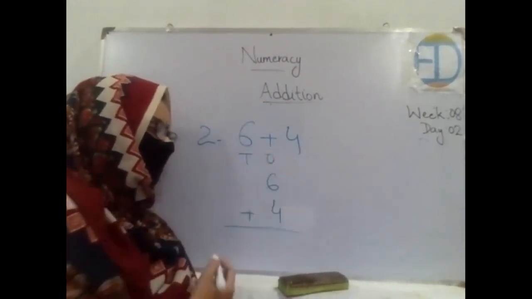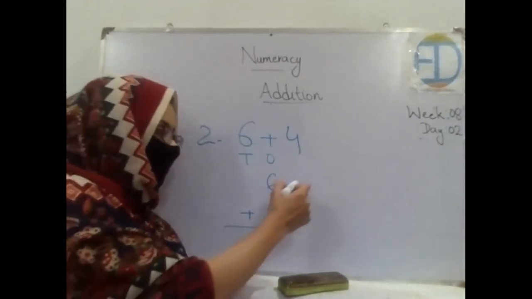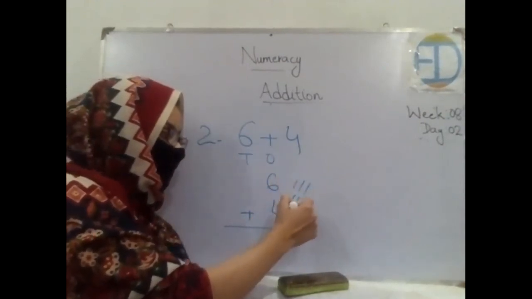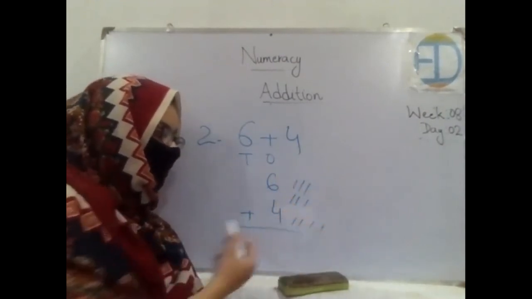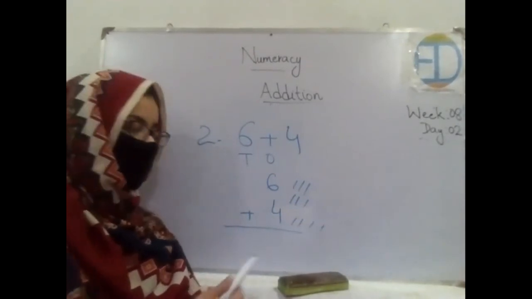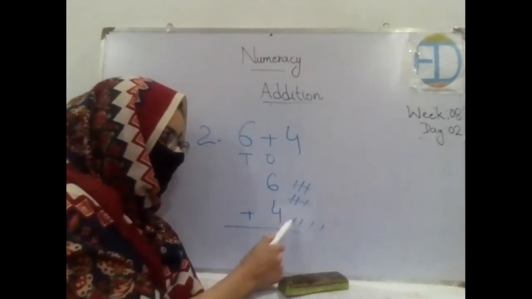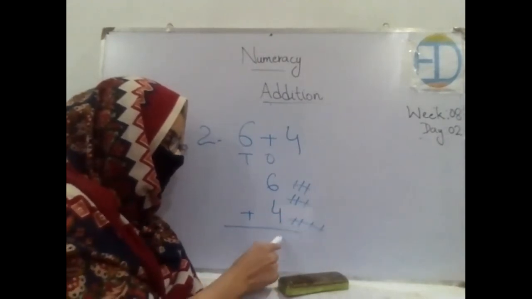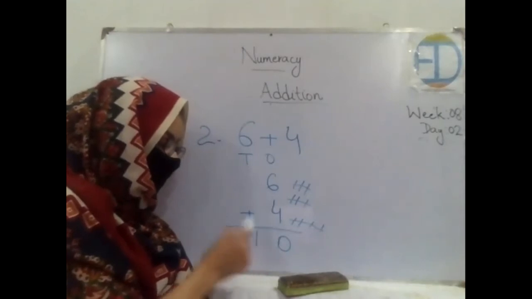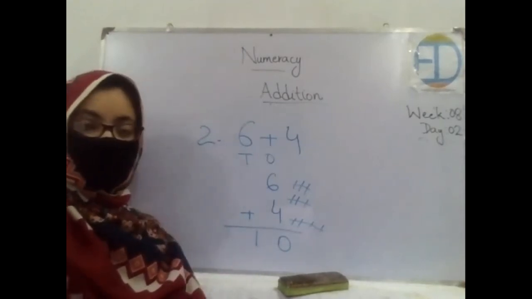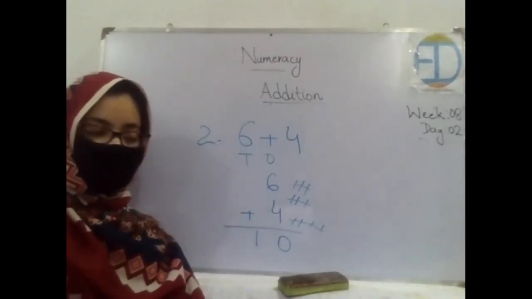Excellent. Then draw the lines. And now we will start counting. 1, 2, 3, 4, 5, 6, 7, 8, 9, 10. 0 and 1. Right? So do you understand this?